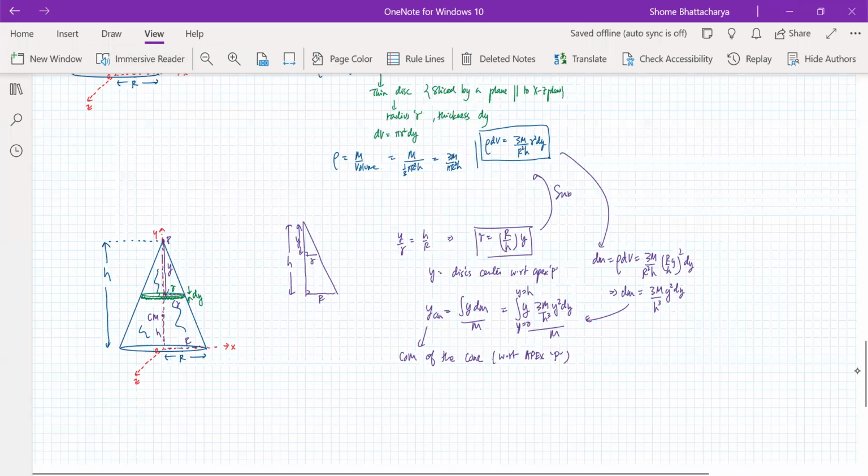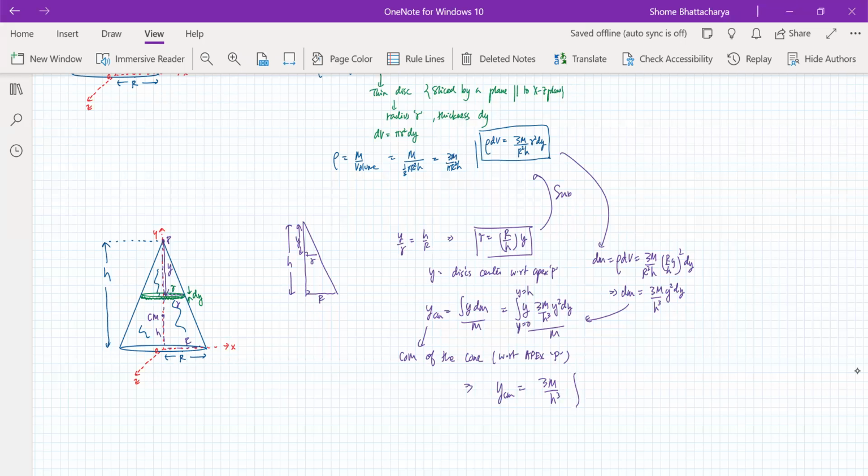So y CM: take all the constants outside, 3m upon h cube comes outside. We are left with the integration of y cube dy from 0 to h divided by capital M. So capital M also cancels out. And y to the power 4 by 4 from 0 to h.